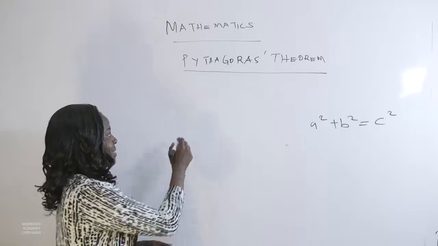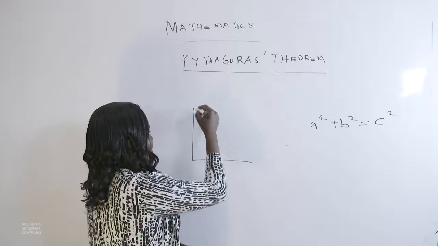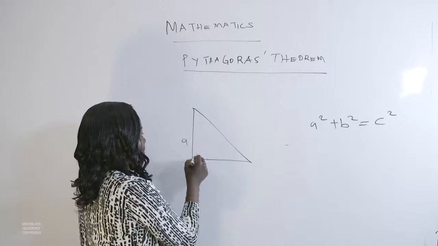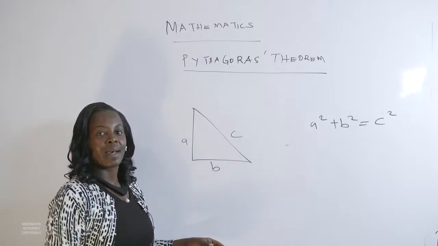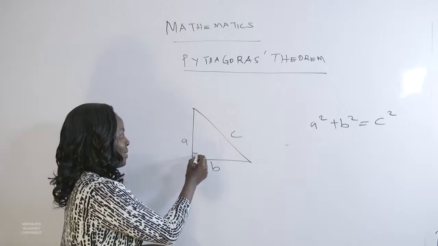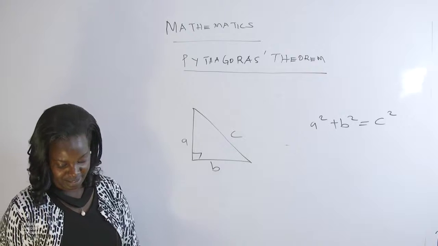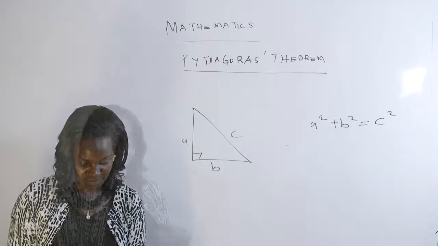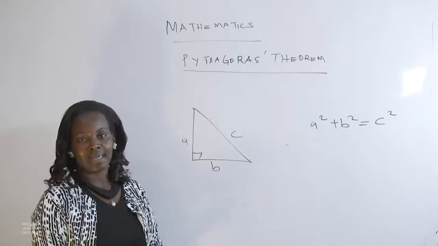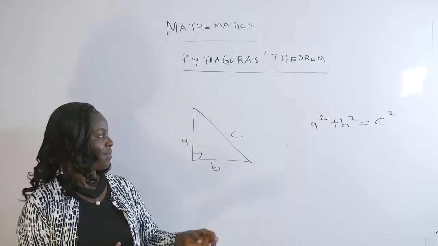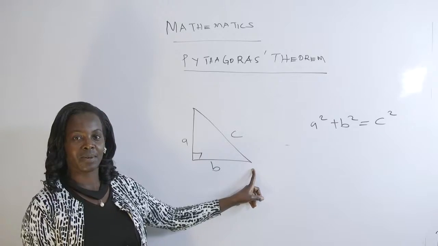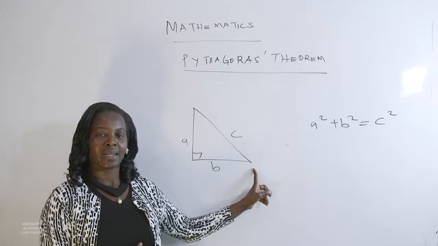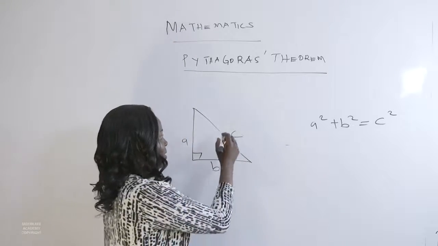And this again are the sides of a right angle triangle. So let us understand a right angle triangle. We have the longest side of a right angle triangle, and it is called hypotenuse.